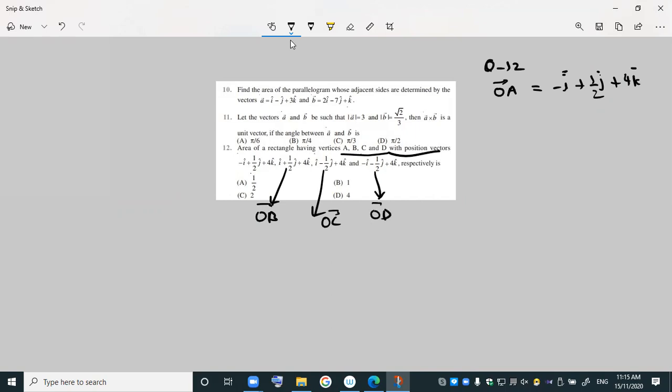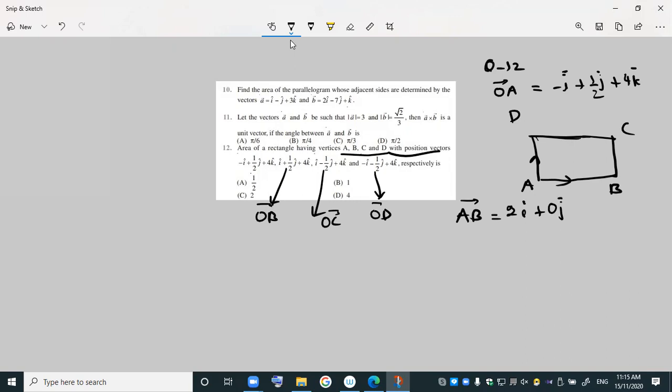And adjacent sides, if you draw any rectangle, suppose this is a rectangle ABCD, you need AB and AD sides. So AB will be equal to OB minus OA: i minus minus i, 2i, 1 by 2 j minus 1 by 2 j, 0j.